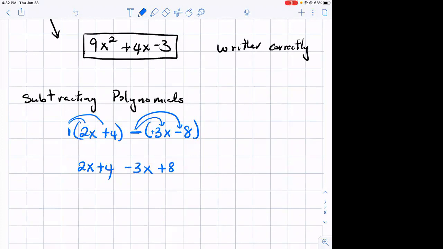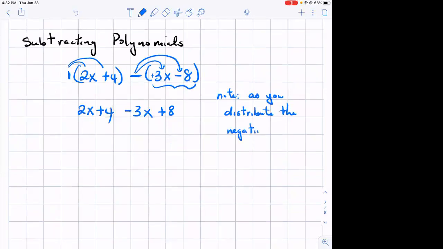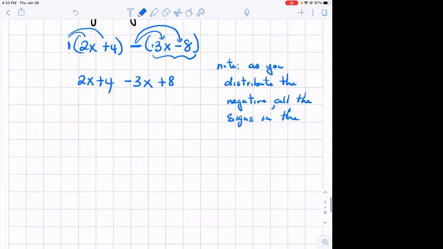So know that as you distribute the negative, all of the signs inside of that parentheses change to their opposite sign.